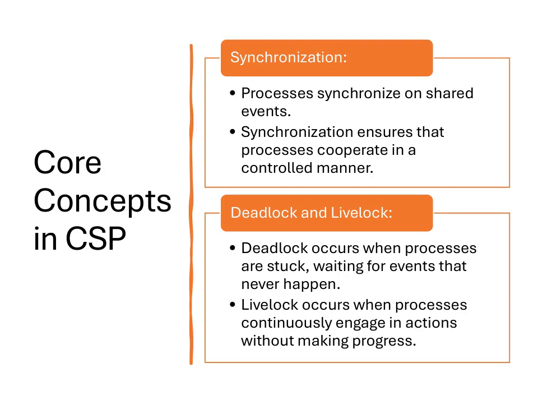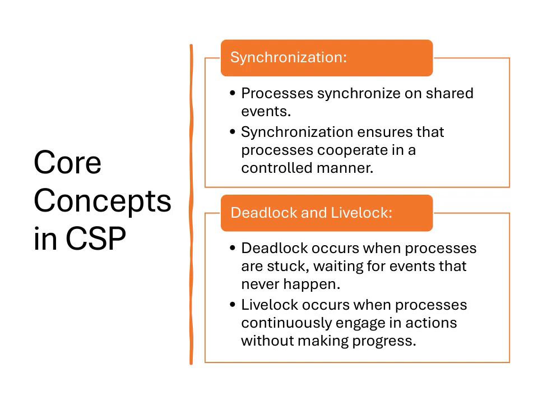Processes in CSP synchronize by sharing events, which means they coordinate their actions to work together in a controlled way. This synchronization is crucial because it ensures the processes cooperate properly rather than acting independently or at random. However, synchronization also introduces risks like deadlock and livelock.